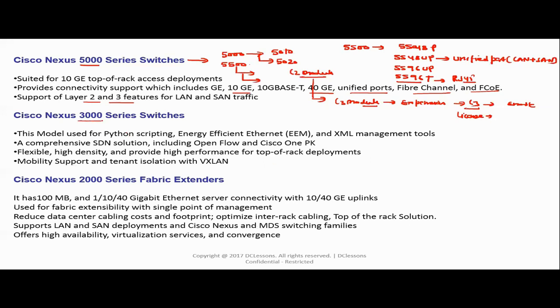Nexus 3000 switch is mostly used for Python scripting, energy efficient Ethernet, and XML management tools. So it is mostly used as a comprehensive SDN solution. It supports OpenFlow, Cisco onePK, right? It acts as a white box switch.